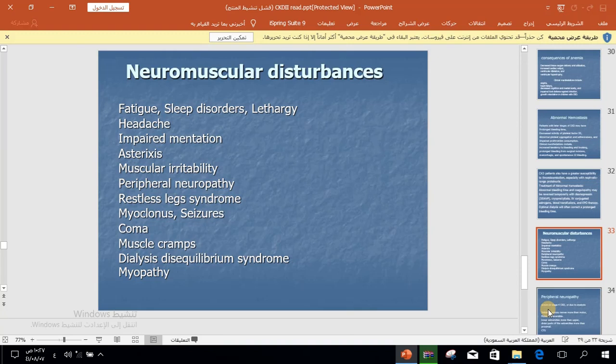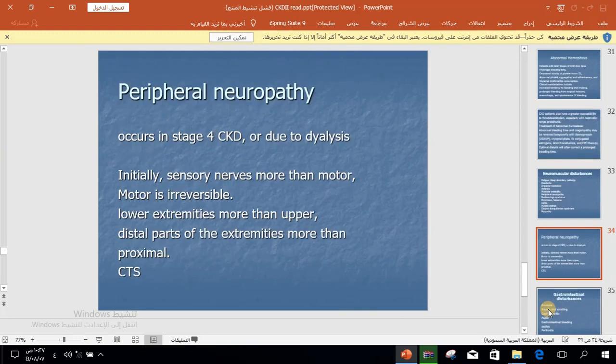The manifestations include fatigue, sleep disorders, lethargy, headache, impaired meditation, asterixis, muscle irritability, peripheral neuropathy, restless leg syndrome, seizures and myoclonus, coma, and muscle cramps. Dialysis also has complications like dialysis disequilibrium syndrome, peripheral neuropathy, and finally myopathy.